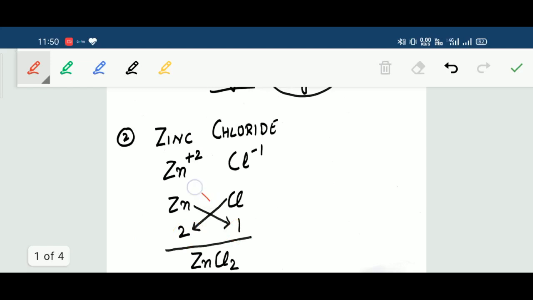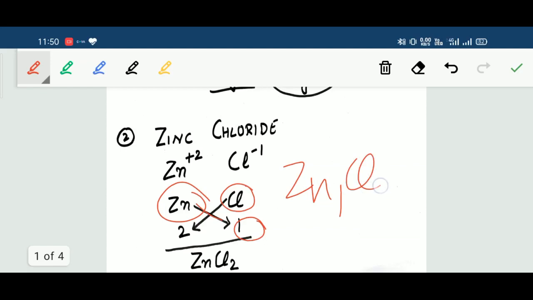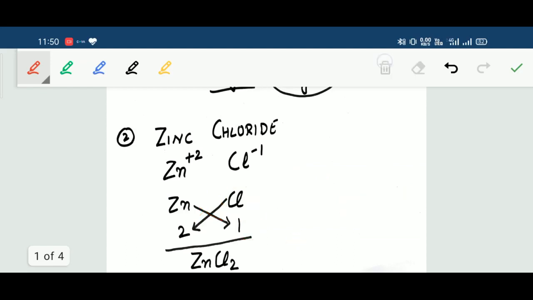That means the formula will be Zn, and at the foot of Zn we will write 1 as a subscript, and then Cl, and at the foot of Cl we will write 2 as the subscript. That means our formula will be ZnCl2, because we don't have to write 1.